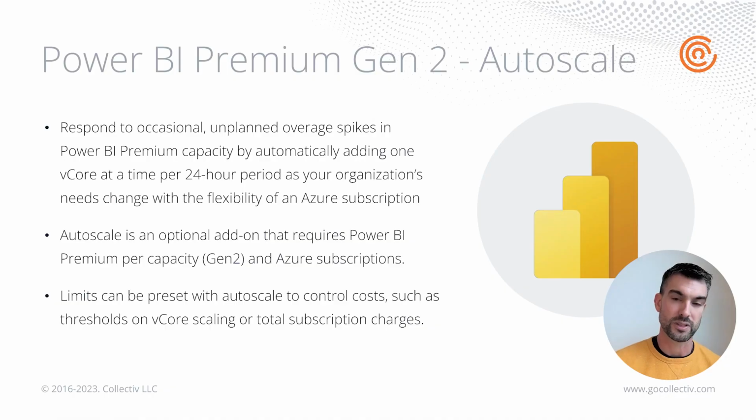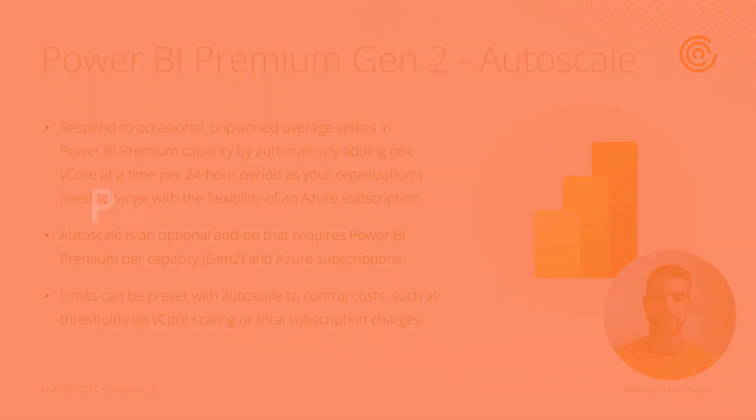And then when those end users are starting to not use that report and everybody's no longer inside of Power BI, it's also going to recognize that and scale it back down. So it's not just going to scale it up to the next level and leave it there. It's also going to recognize when there's not much usage in that Premium tenant and scale it back down to the lowest tier possible at where you made your settings.